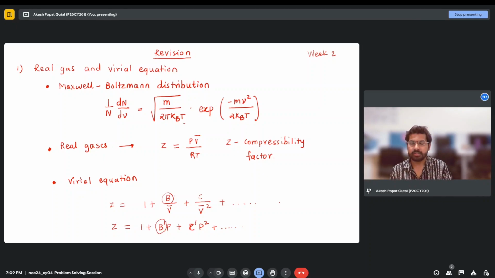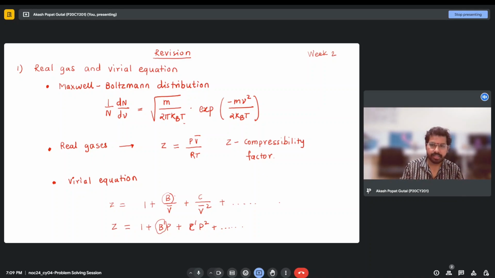We know the functional form is proportional to the exponential of the velocity square, and proportional to the exponential of 1 by T. So you must remember this. We also discussed how m by T determines this distribution, and how to solve problems related to m by T values, that is, as mass and temperature change.